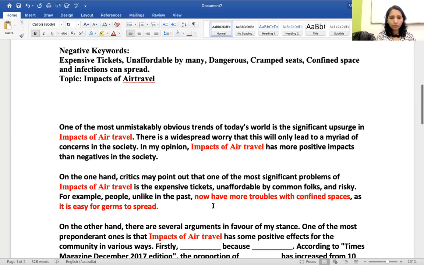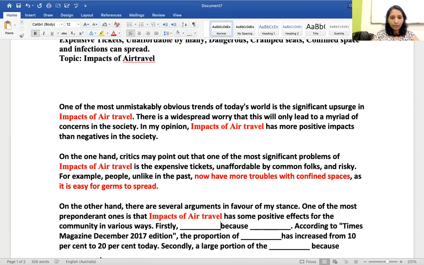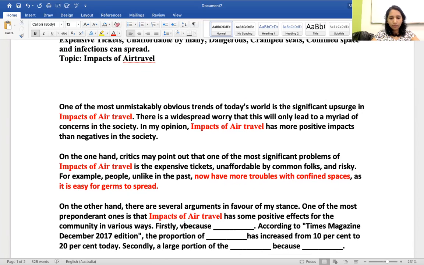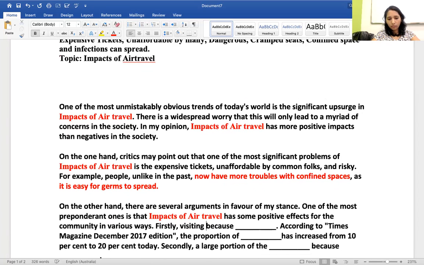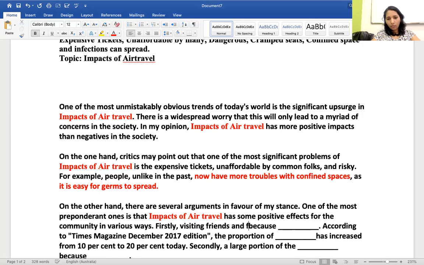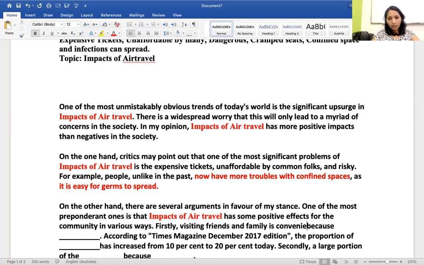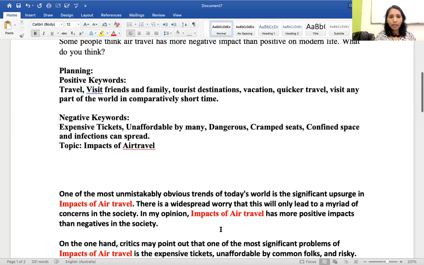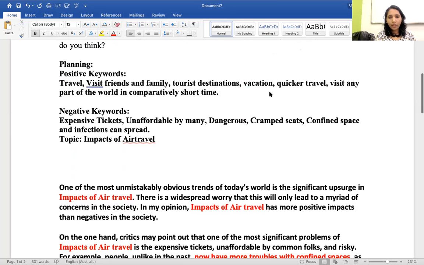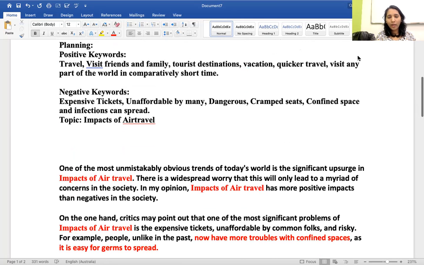Firstly, visiting friends and family is easy, or convenient, maybe, because air transport is quicker to travel, because it is easy now to visit any part of the world in comparatively short time.